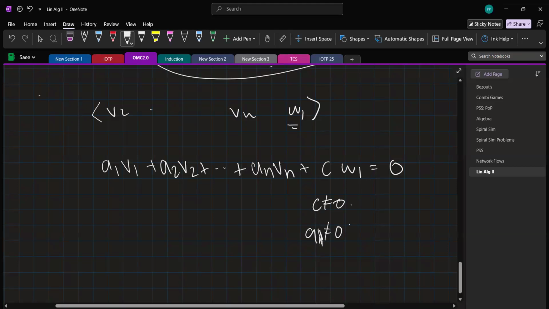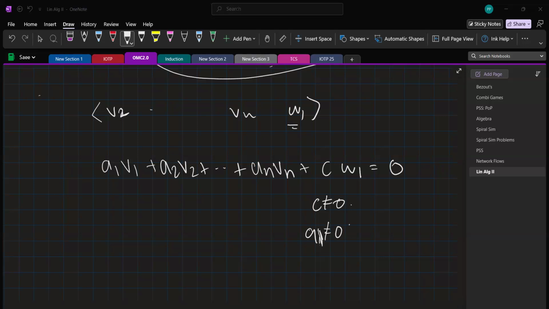Wait, I understood what Shreyan's idea is differently. The way I understood was that you can represent all the W1 to Wm in terms of V1 to Vn, and you can represent all the V1 to Vn in terms of W1 to Wm.